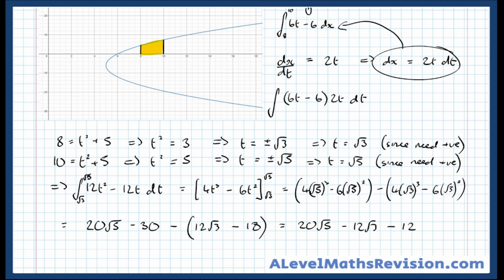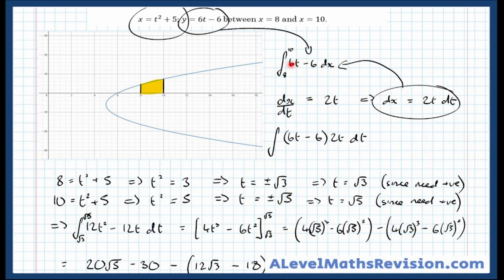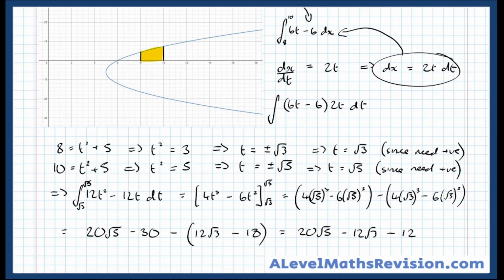So just going through those steps again, what we did: the integral of y dx, we changed x limits to t limits, we got rid of the dx, turned it into dt by following the same process like we did in integration by substitution. Then we just did the integral to get the area. So have a go at those yourself.